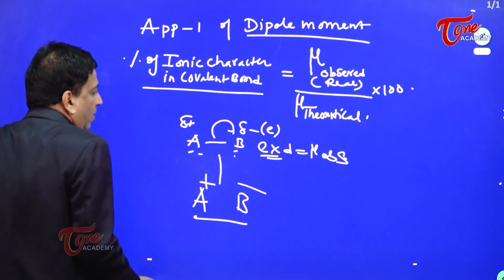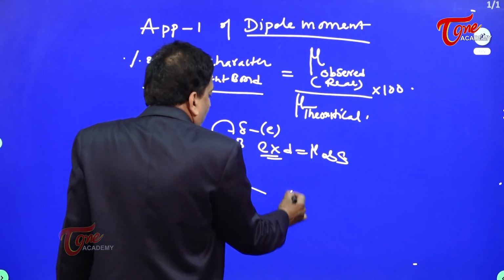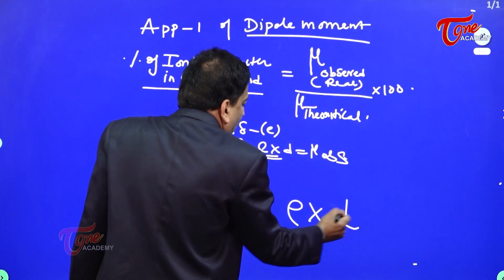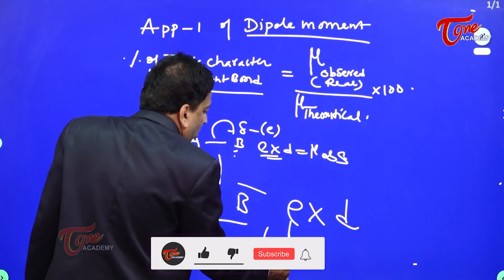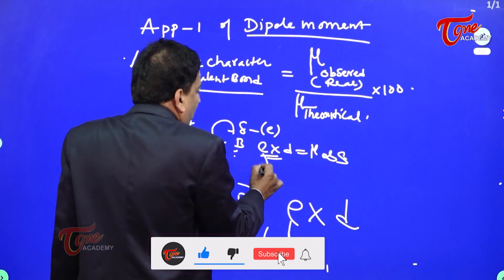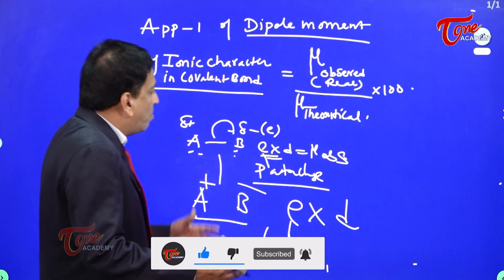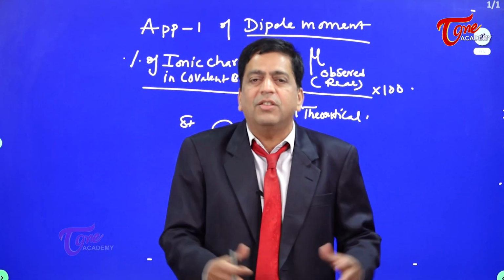So this is again E into D, but this E is now a full charge, and this is actually a partial charge. You must understand. One is a full charge, the other is what?